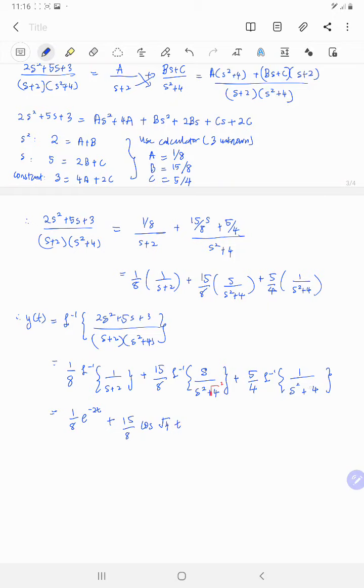Okay, next, this one. At the bottom, s squared plus 4, s squared plus constant, and at the top there is a constant, so this must be sine what t?